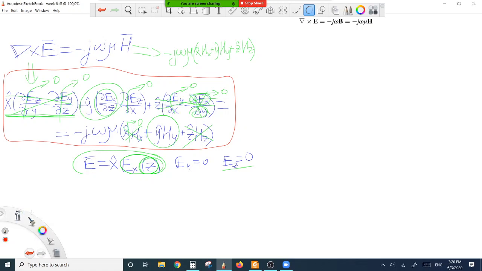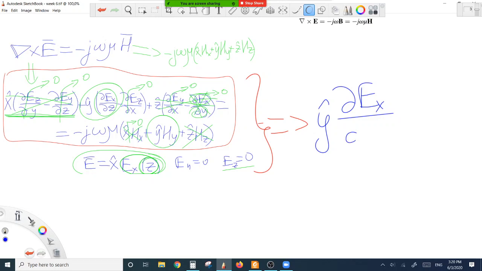Well, from all of these, we have that dEx over dz is equal, from the right hand side, to minus j omega mu Hy.